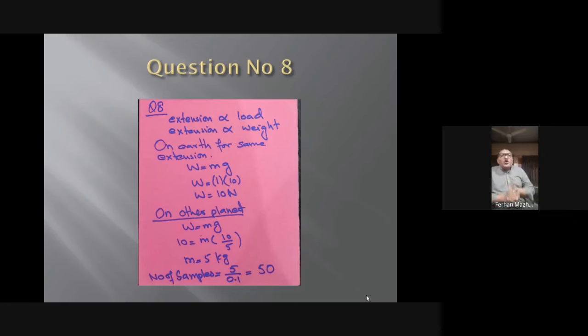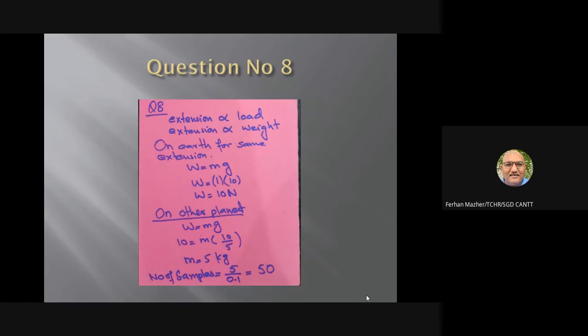So W is equal to mg, 1 multiplied by 10, which is 10 Newton. So the force required to create that extension in the spring balance is 10 Newton.